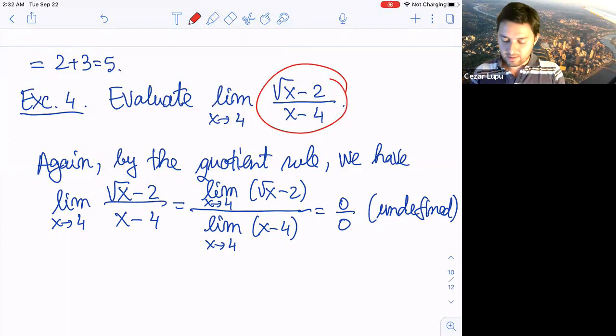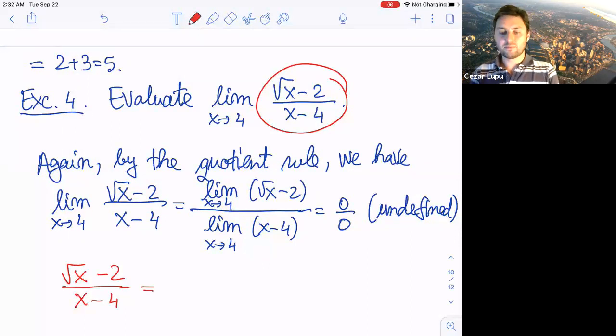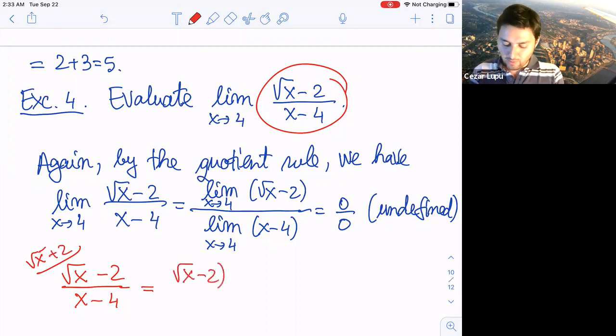And in fact, let me write it in this way. Maybe you can see it. The square root of x minus 2 over x minus 4. Can we write this in a certain way? Maybe I can multiply by the conjugate, right? So the conjugate of the square root of x minus 2 will be the square root of x plus 2. Basically I'm multiplying on the top and on the bottom by the conjugate, which is square root of x plus 2.